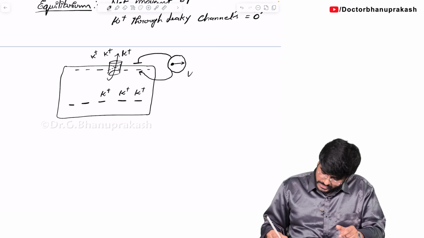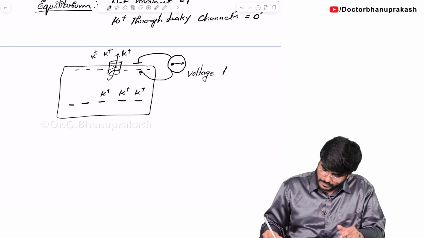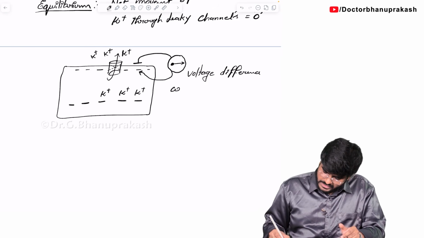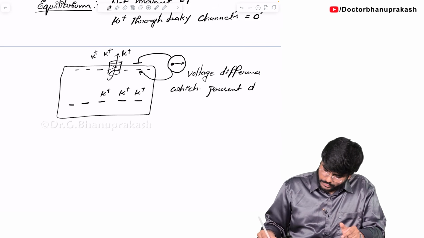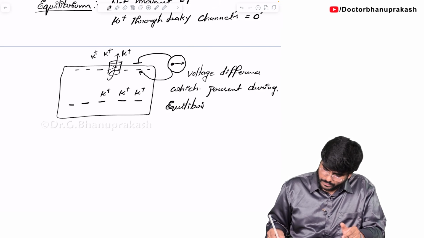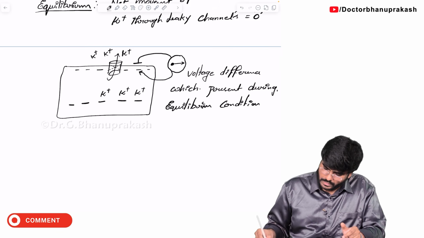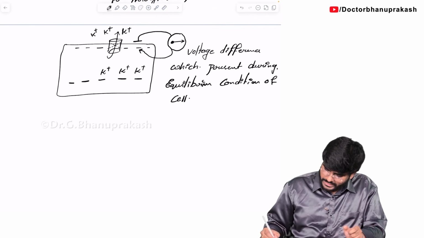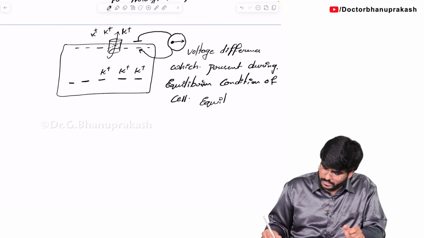So write: the voltage difference which is present during the equilibrium condition of a cell is called the equilibrium potential.